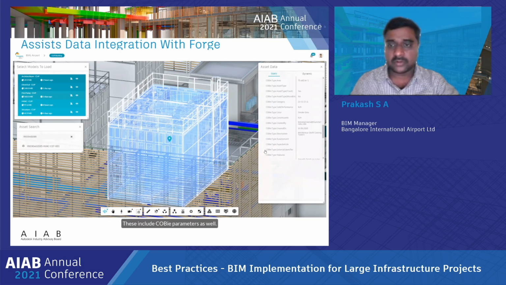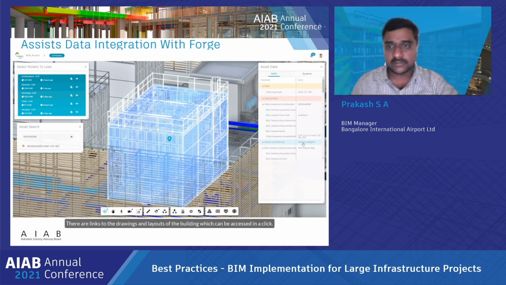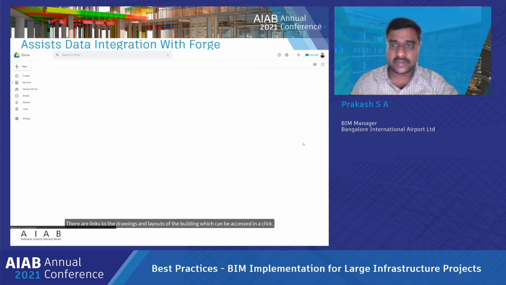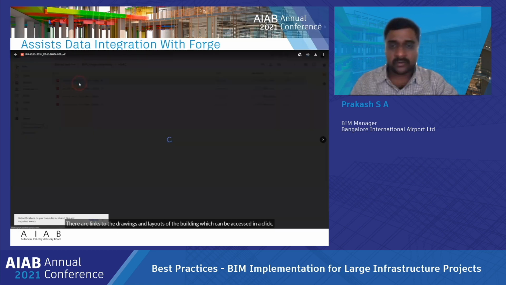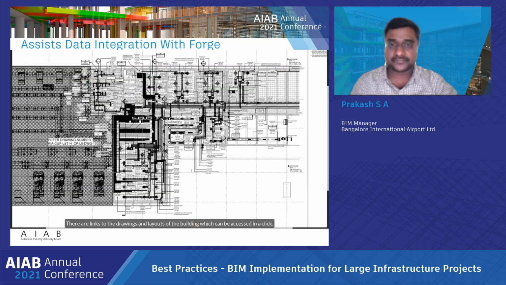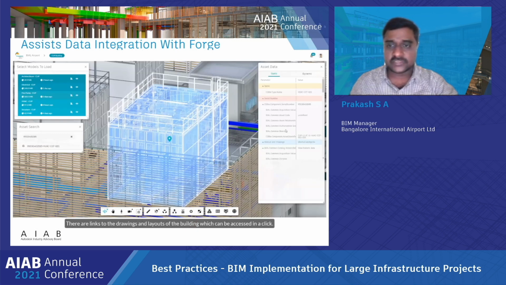In the particular model, we can see all these parameters. All these parameters are coming from Revit, and Revit to cloud, and all these parameters are accessed from the cloud, and we can see all the drawings related to the disciplines. All these drawings are also integrated.